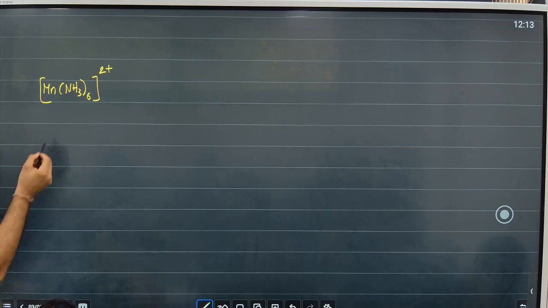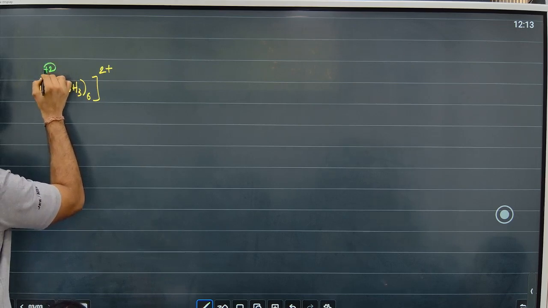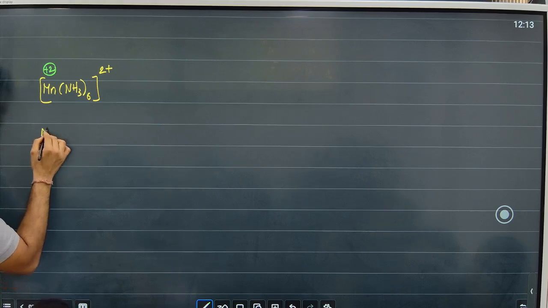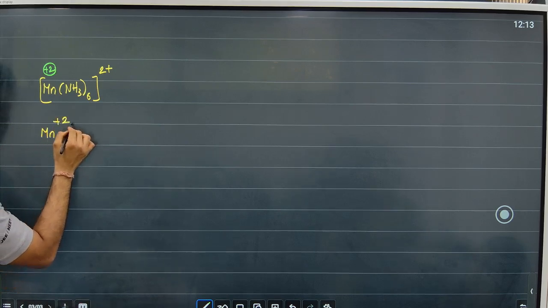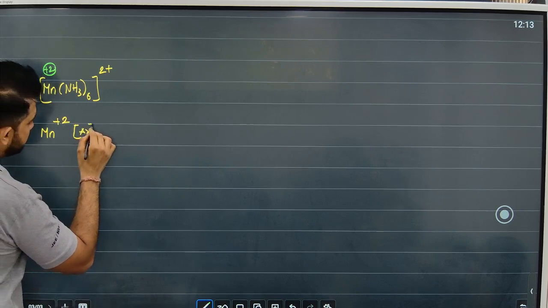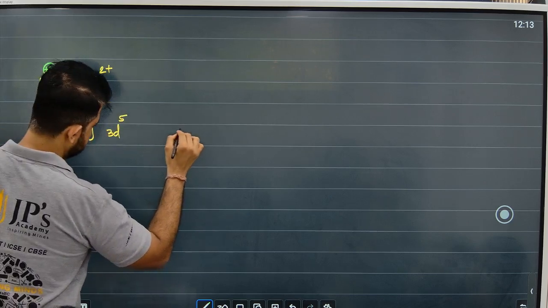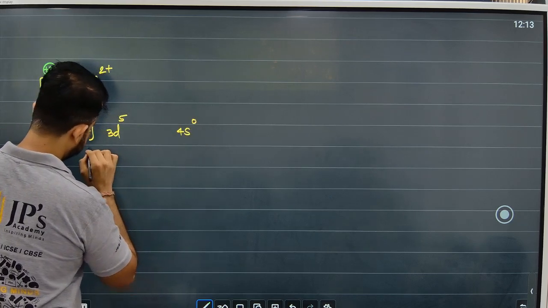+2. Quickly give me the electronic configuration of Mn +2. Mn +2 is argon 3d5 4s0.